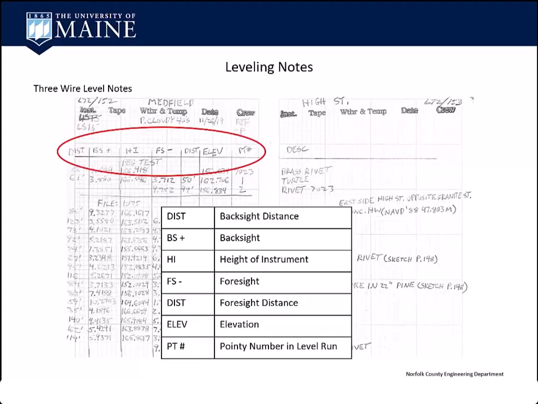I worked for a public office, so everything we did was a public record, and it was available to the public. So we would book our level runs in addition to capturing it electronically. So if there was somebody who wanted to use our work, they were welcome to it.